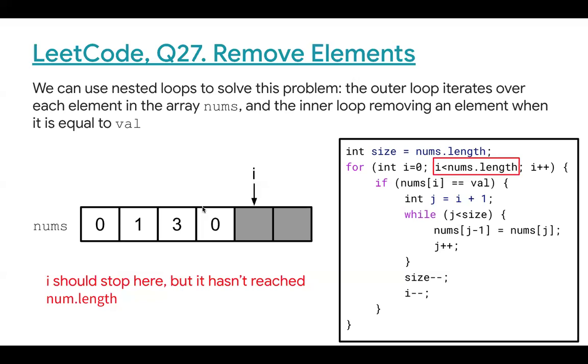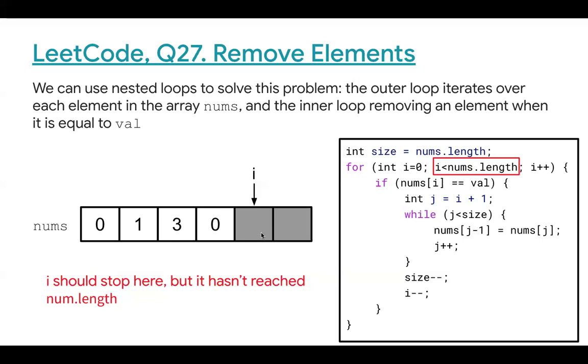Then we go back to this condition: i is smaller than nums' length. When i points to this slot shown in the demo, i smaller than nums' length is true. But by looking at this example, we know at this step we already finished.